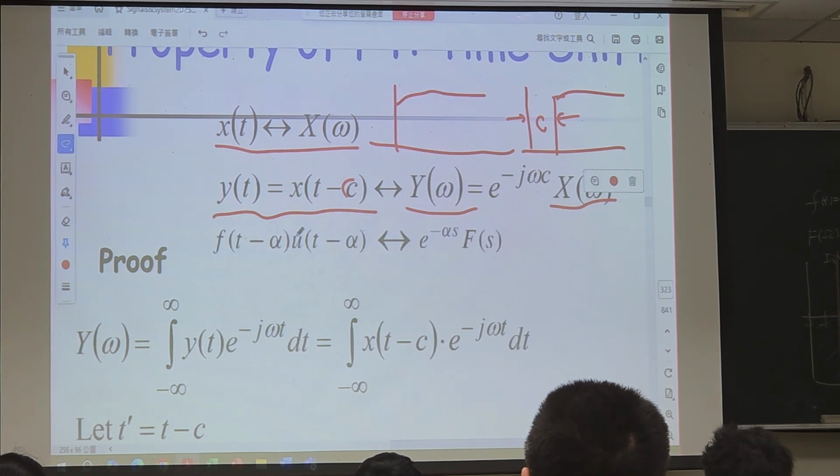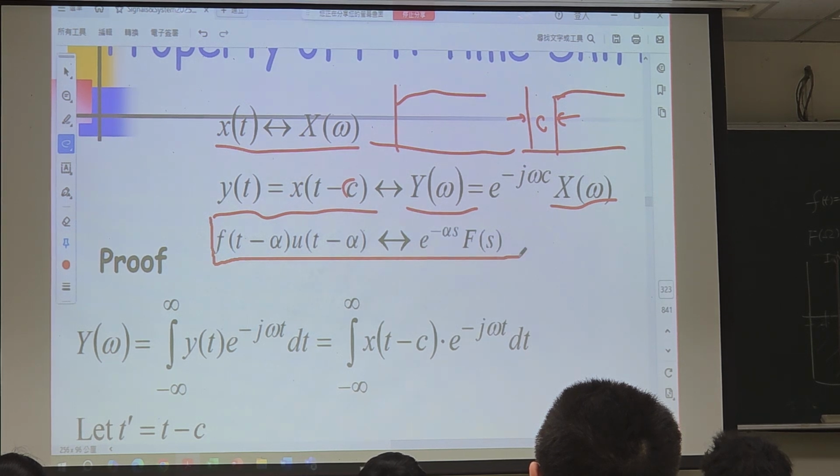This is much easier to remember in the Laplace transform.